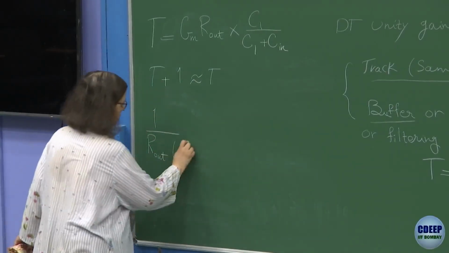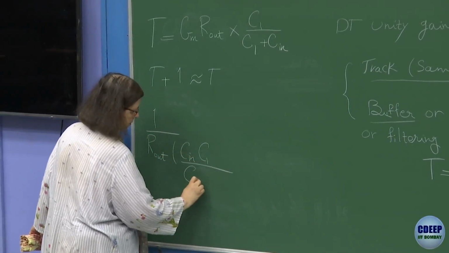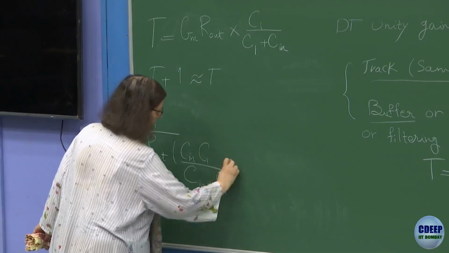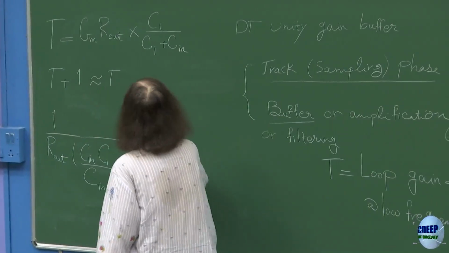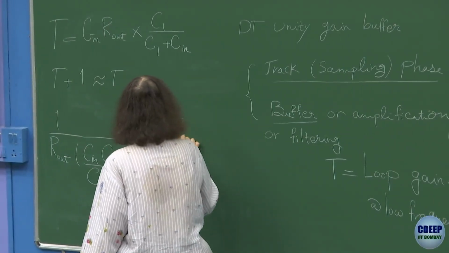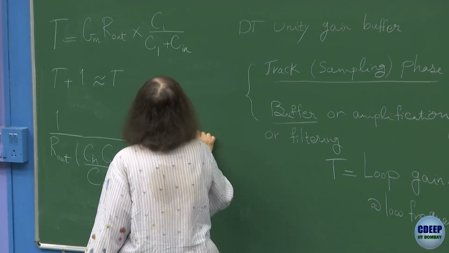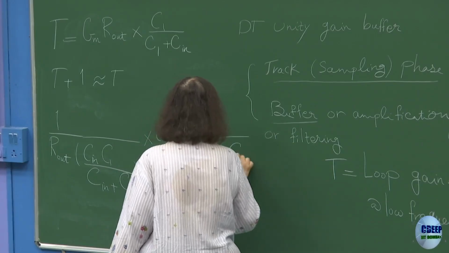So we write it over here, multiplied by this term, GM R out, multiplied by C1 upon C1 plus C in.